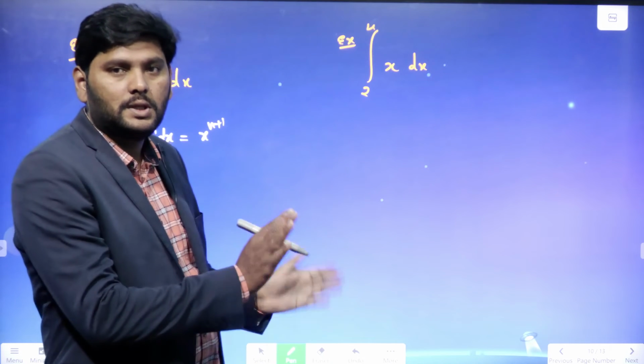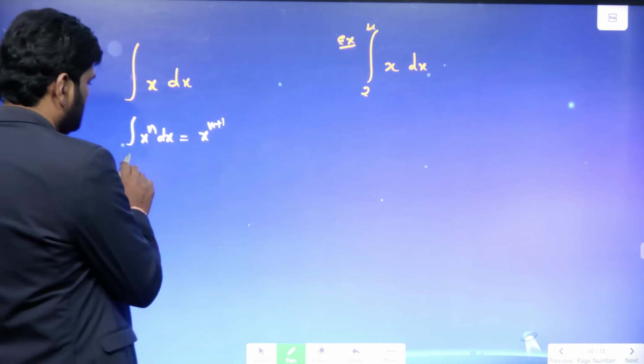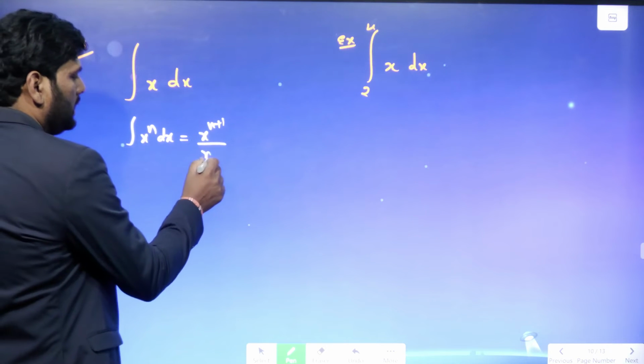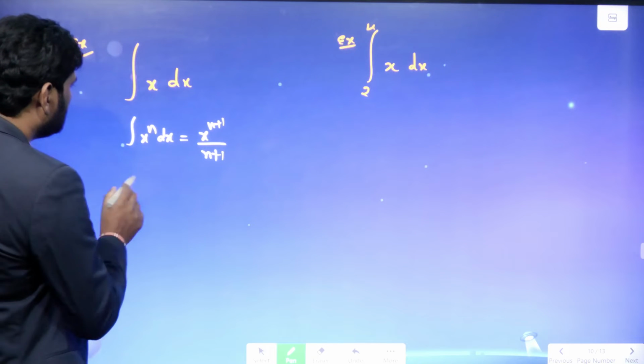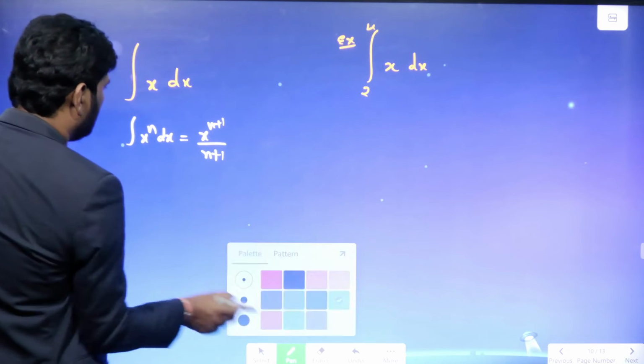So how will these two be solved, let's see. The basic formula is integral x power n dx equals x power n plus 1 by n plus 1. Now I am applying the formula.